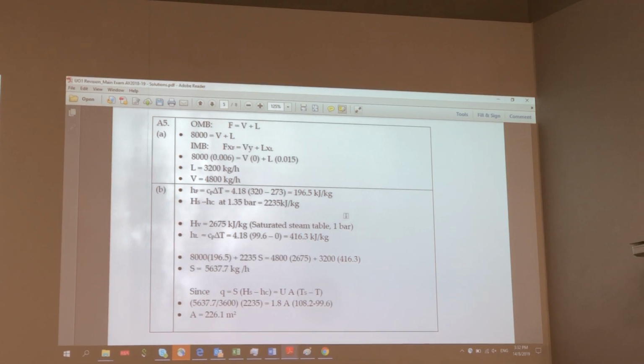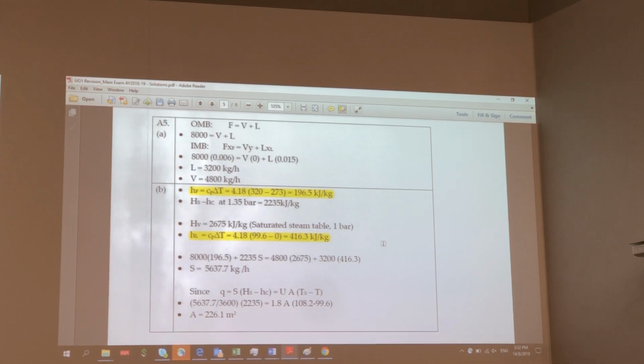Then for enthalpy calculations, please take note. Wherever you see liquid, so this one is for liquid, and this one also for liquid. Once you see liquid, you can use Cp delta T to calculate.